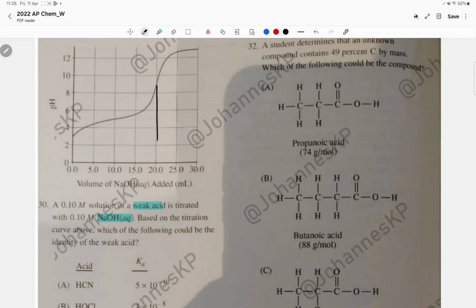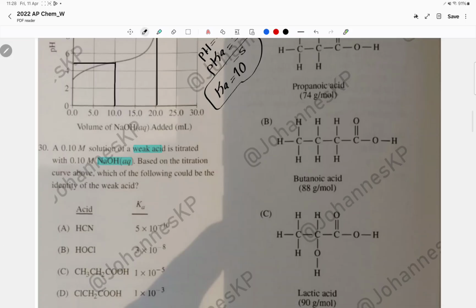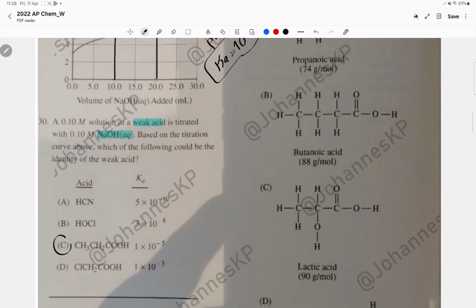Where the equivalence point takes place at 20 ml, it's going to happen at 10 ml. The pH is how much? 5. That means the pKa is also equal to 5. So K is equal to 10 to the power of negative pKa, which is that. So the answer is going to be C.